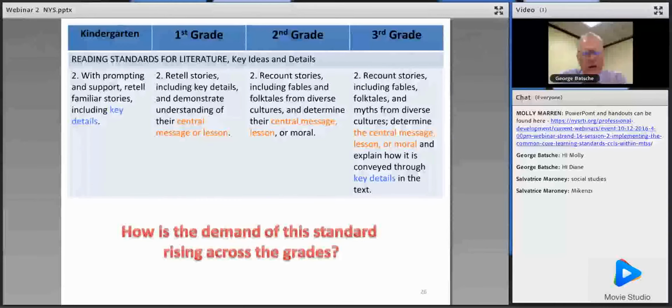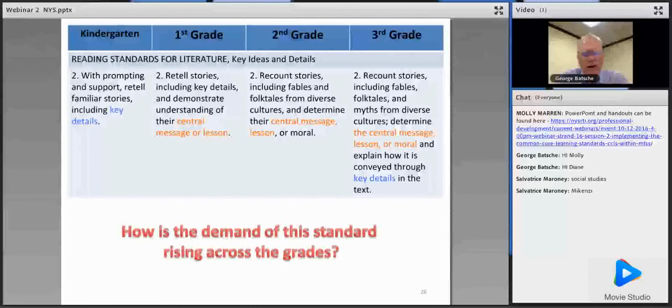So it's important, if we're in a school that has diverse learners, to ensure that we're not reading new stories to these kids and trying to assess comprehension. These are familiar stories.